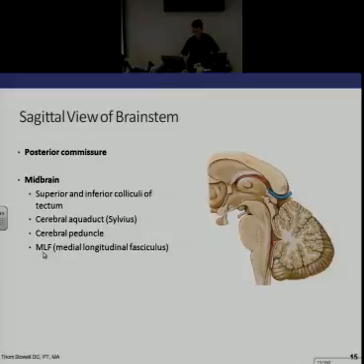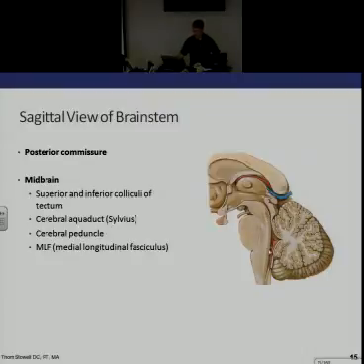But the other piece of it is this thing, the MLF, medial longitudinal fasciculus. There's a conduit in the brainstem that's involved in coordinating all this stuff we keep talking about, the eyeballs and the reflexes and the conjugate gaze and all that stuff. So it has to involve connecting cranial nerve 6, which is down lower, cranial nerve 3 and 4 up in the midbrain, motor cortex coming down to talk to these guys.